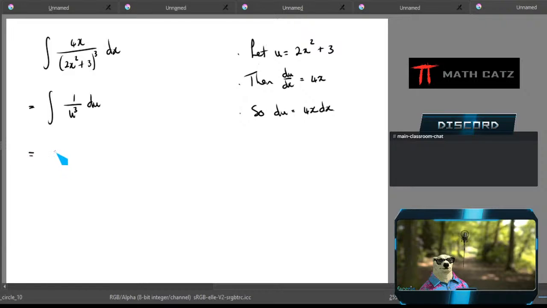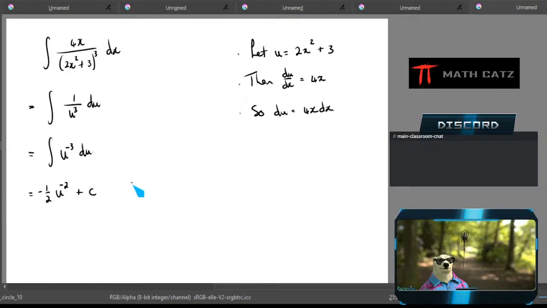Then, I can see this as u to the negative 3, if that makes you feel better. The antiderivative of u to the negative 3 is then going to be u to the negative 2, and I need a negative 1/2 in front to balance what the power rule is going to do, with that target in mind.